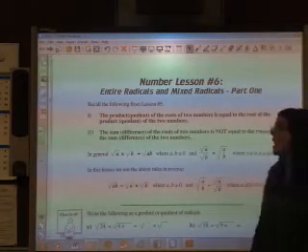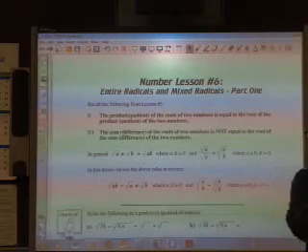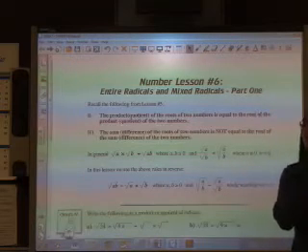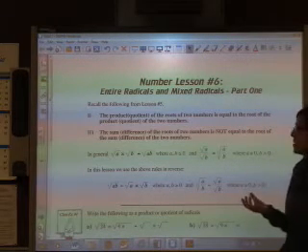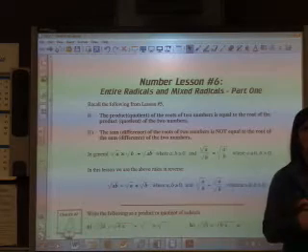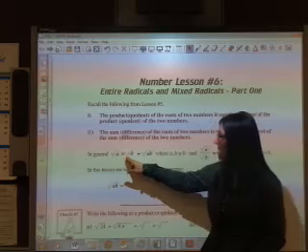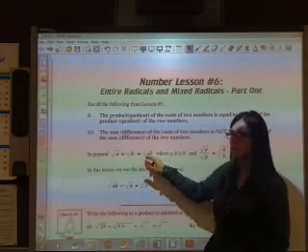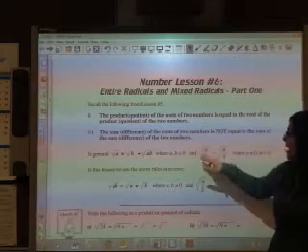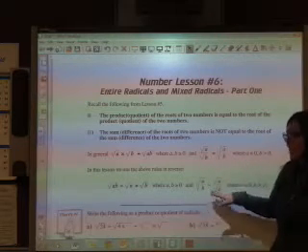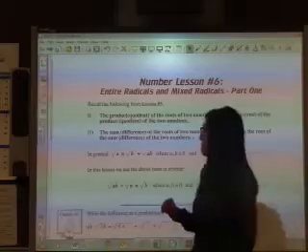So, if we recall from the last lesson, the product of the roots of 2 numbers is equal to the root of the product of the 2 numbers, or the quotient, and the sum or difference is not. So in other words, root A times root B is the same as root A times B, or root A divided by root B is the same as root A divided by B, but I can't do it for adding and subtracting.